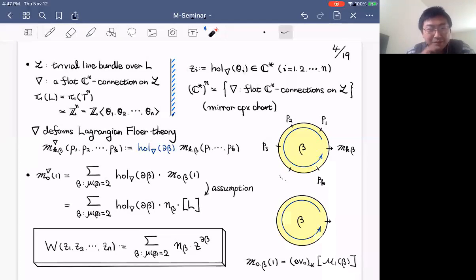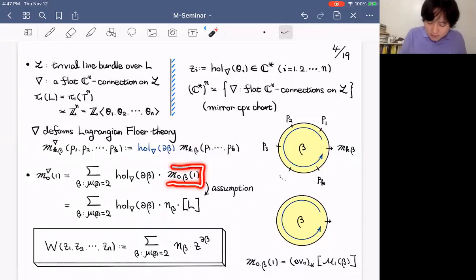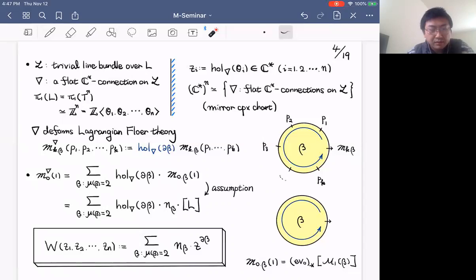Sorry, one question. Sure. So the output for M0 beta is what? Is it a homology class, or what's the output? You mean the output of this one? Yes. It depends on the model. If you use the de Rham model, maybe this can be differential forms. The most geometrically intuitive one is the simplicial model, so we actually have the fundamental cycle, the sum of the simplexes.